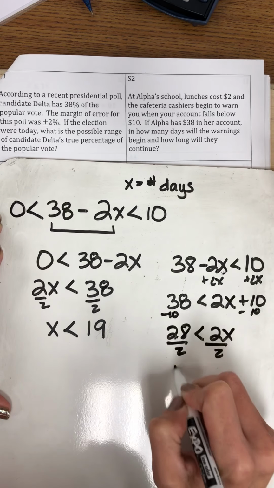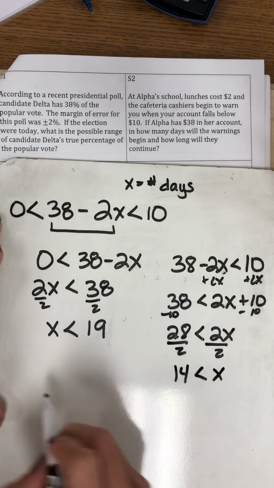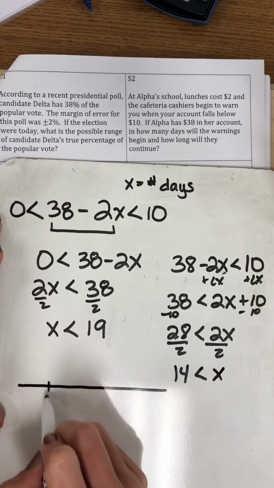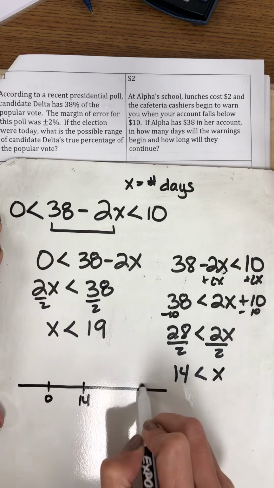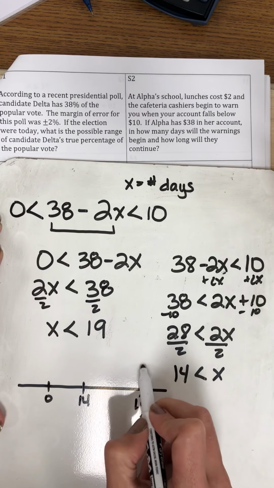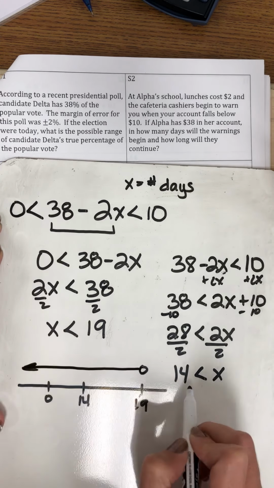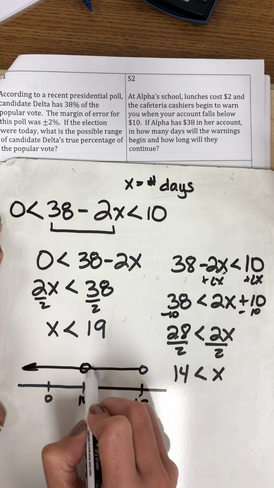Okay, I'm going to just graph that real quick. I have 14 and I have 19. X has to be less than 19, but it has to be greater than 14.